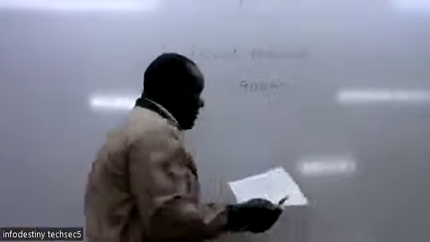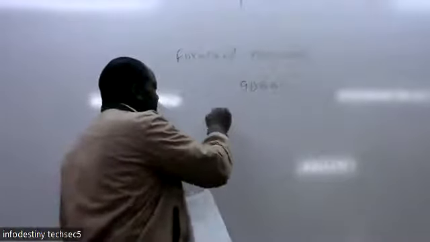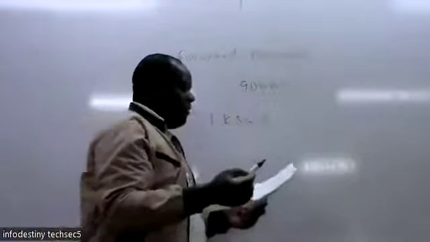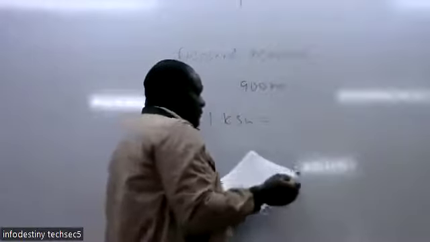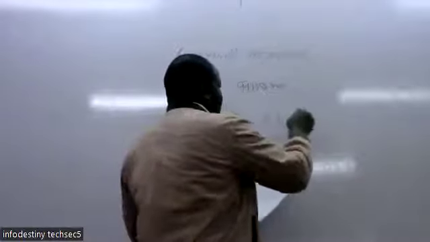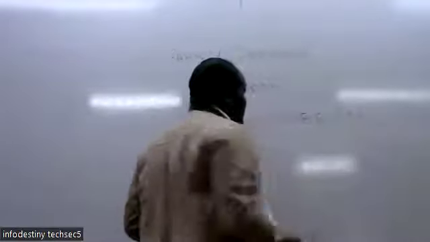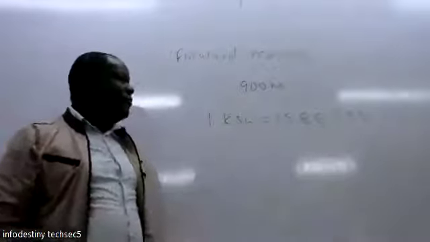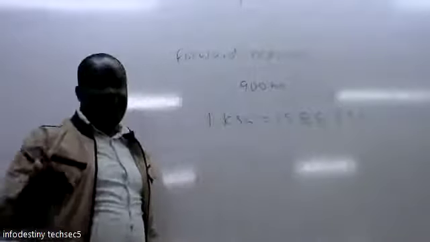So this is now the amount that you will be given. 1 Kenyan shilling will be equivalent to, that's the 3-month forward, 15.88 Tanzanian shillings.